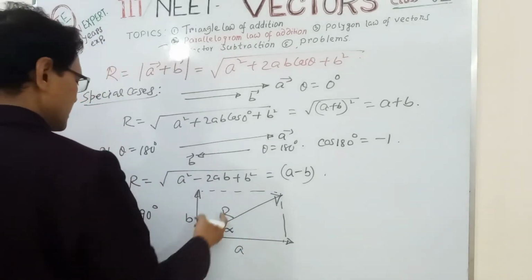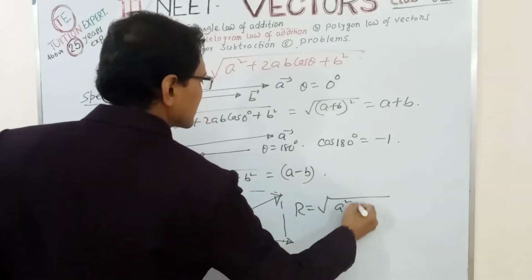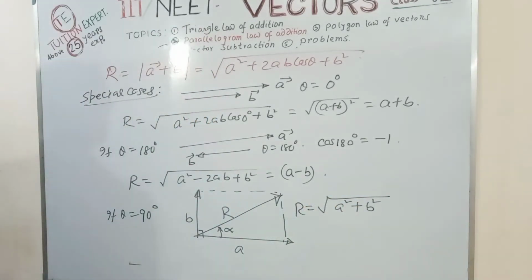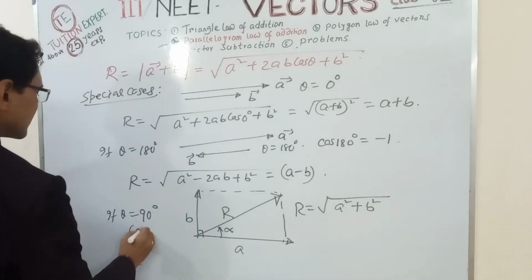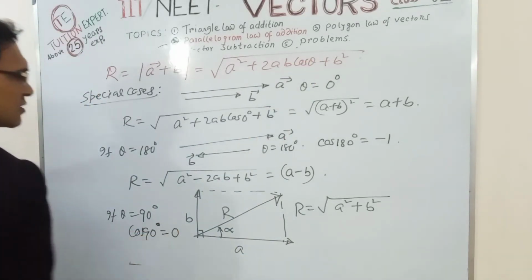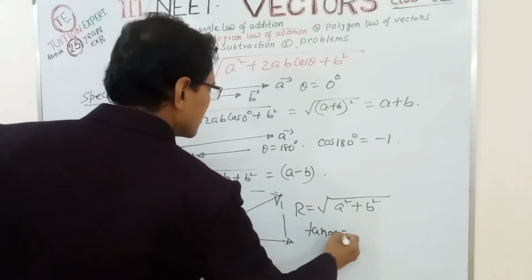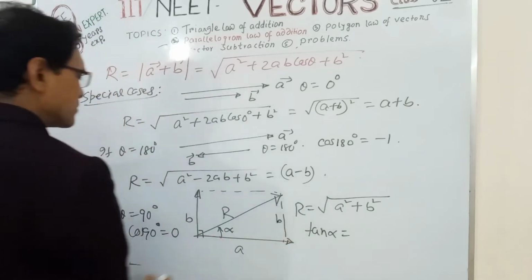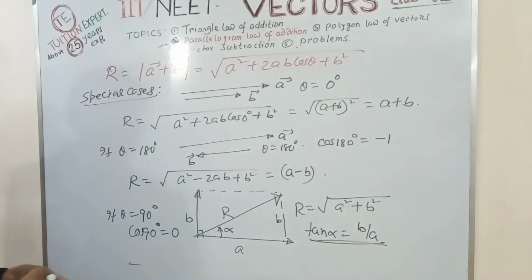In this case, R will be the square root of a square plus b square, because the value of cos 90 is 0. Cos 90 we know is 0. So R will be this, and the angle tan alpha will be perpendicular by base, b by a. So these are special cases.